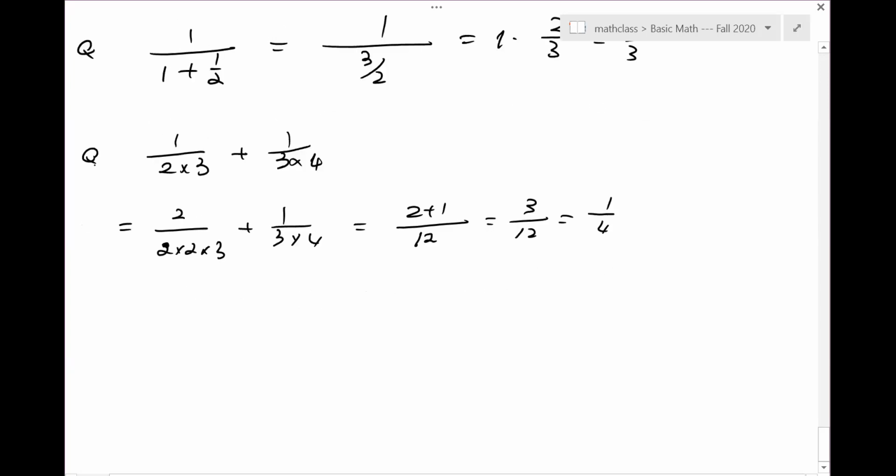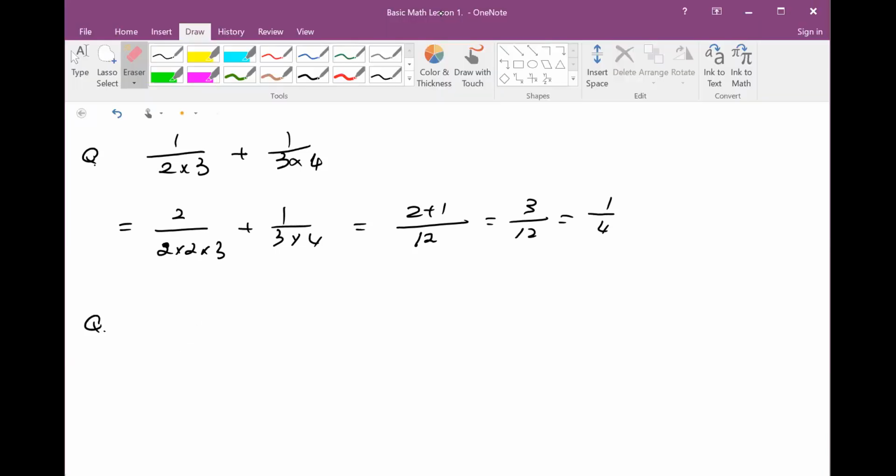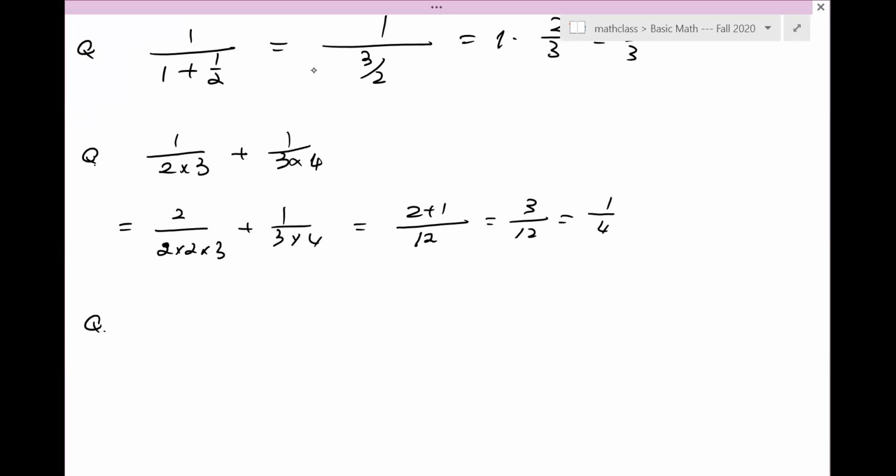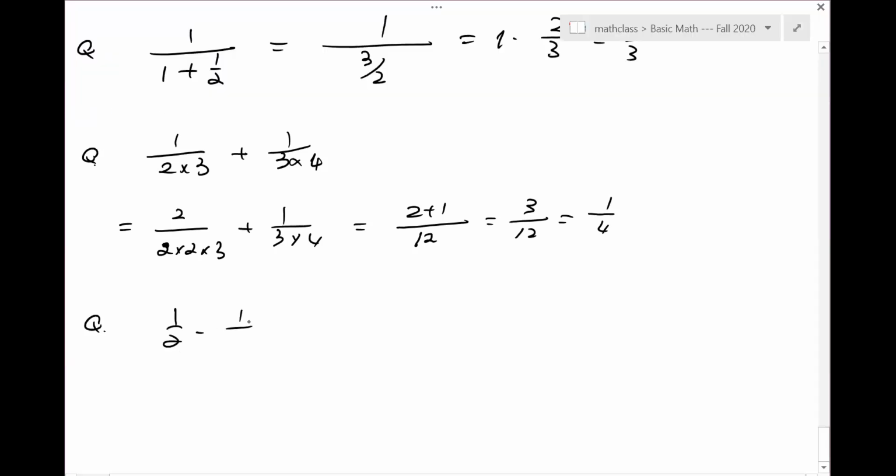Okay, now, this is a stupid way, right? Here's the point, okay? If we look at the consecutive numbers, I find out 1/2 minus 1/3 is going to be, numerator will be 1 times 3, which is 3, minus 2.